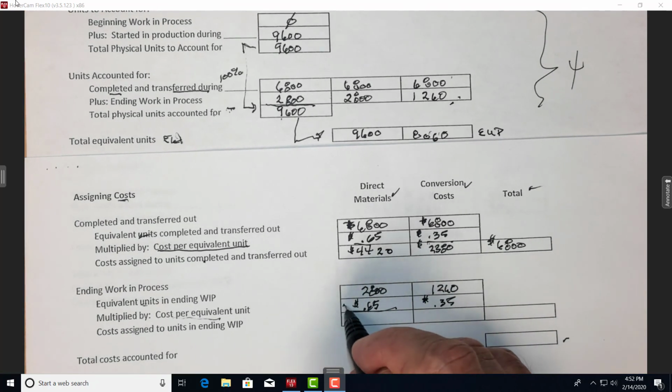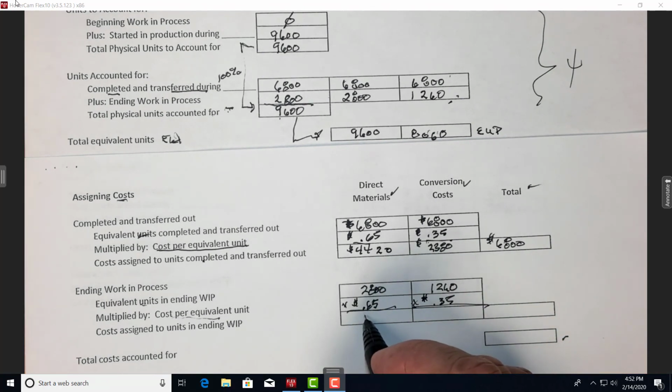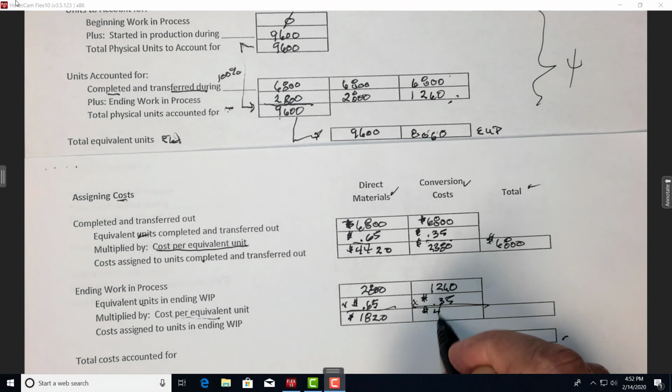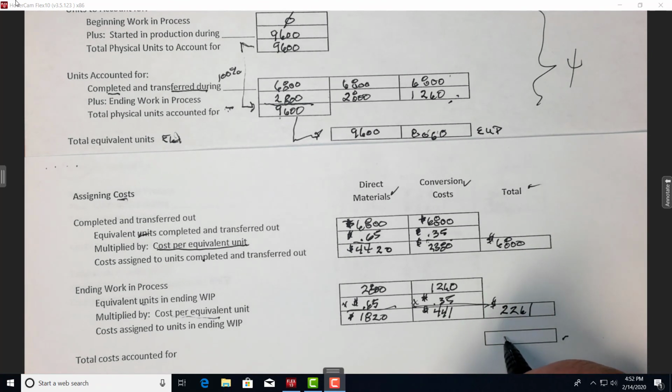Multiply and we'll get 1,820. This will be 441, for a total of 2,261, and that totals 9,061.